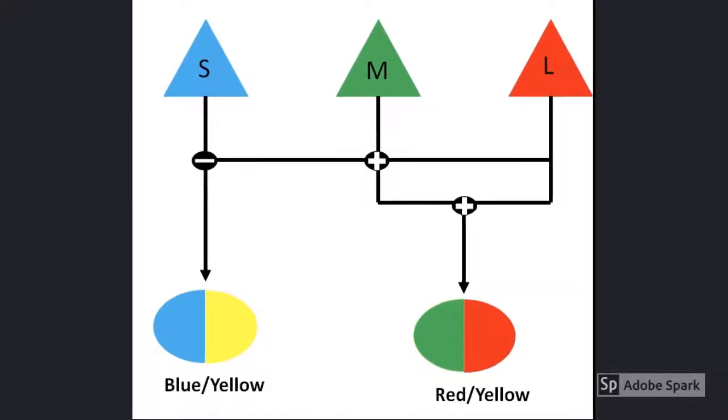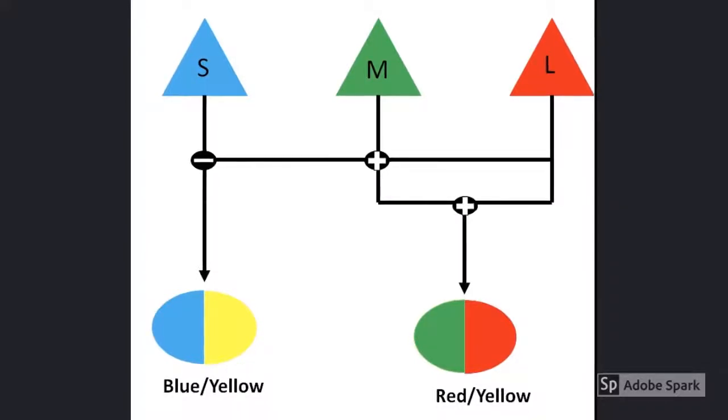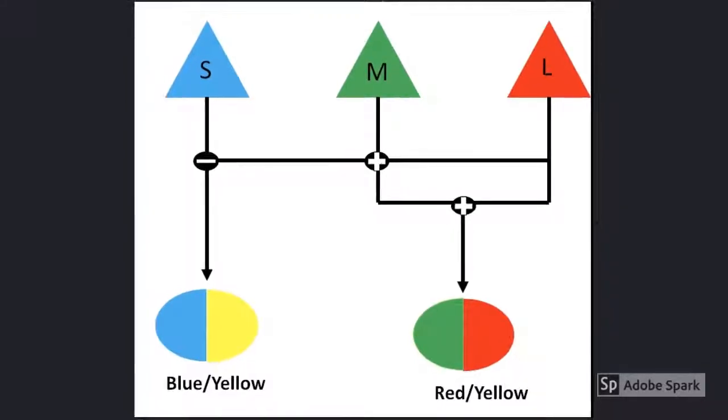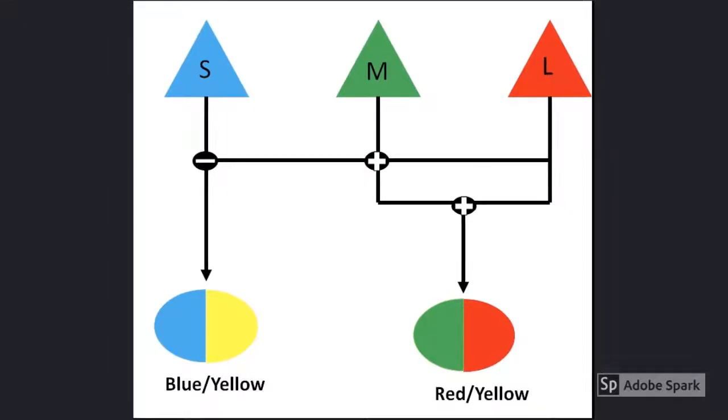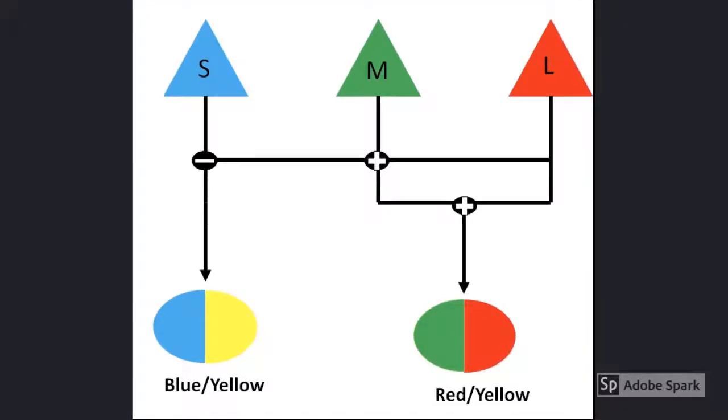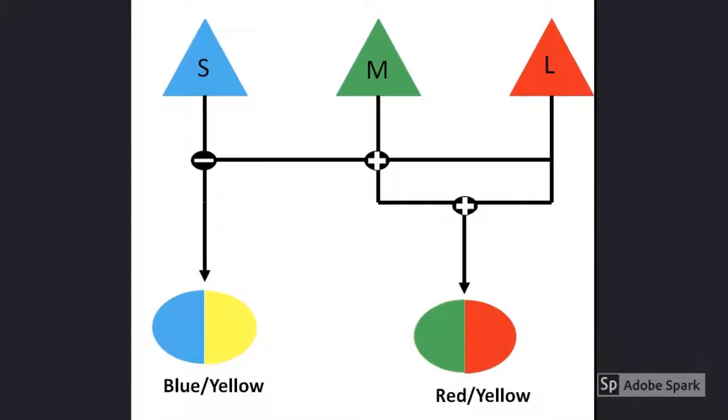In the early stages of processing, you have three separate pathways. One pathway only cares about how bright something is overall, one pathway only cares about how red versus green it is, and one pathway only cares about how blue versus yellow it is. So you don't have a cell that specifically prefers colors like orange or purple. You have to infer that by a combination of how much these three different pathways are activated.